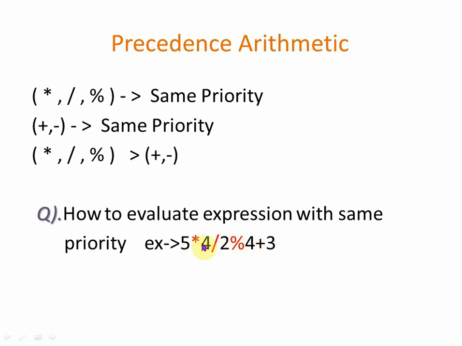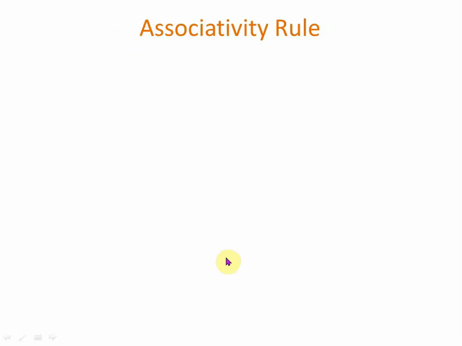I cannot do it like this. So there is a rule, called the associativity rule. For the same precedence, where there is the same priority, we have to use the associativity rule. Let's understand this associativity rule.